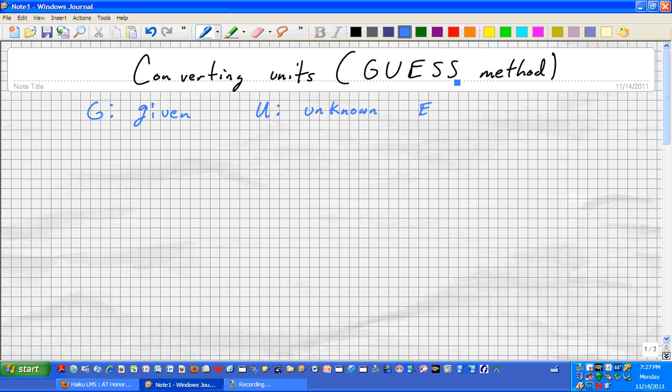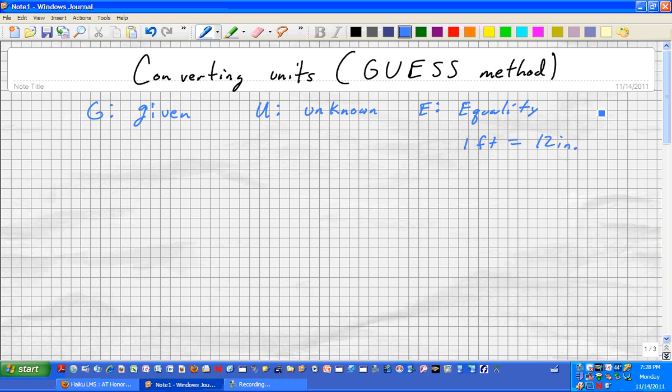The first E stands for equality. And an equality is basically an equation. An example of this would be like 1 foot is equal to 12 inches. It's an equality because it's got an equal sign in the middle.